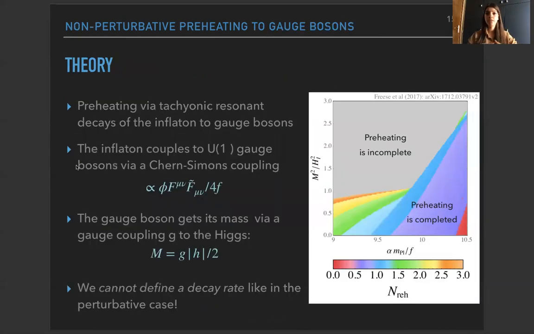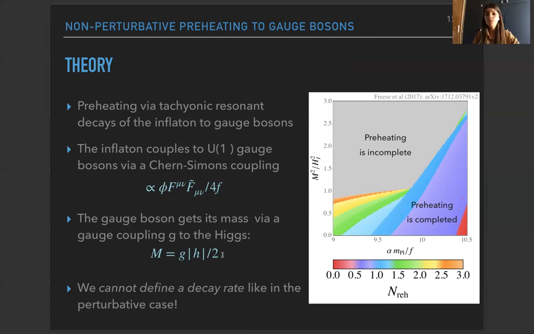Now this, what I have mentioned so far, was all for perturbative inflaton decays, but it's also very interesting to look at resonant preheating after inflation. So for that purpose, we assume Chern-Simons couplings of the inflaton to gauge bosons, and these Chern-Simons couplings are very useful because when the inflaton is, for instance, an axion in models of natural inflation, these are the kind of couplings you would get.